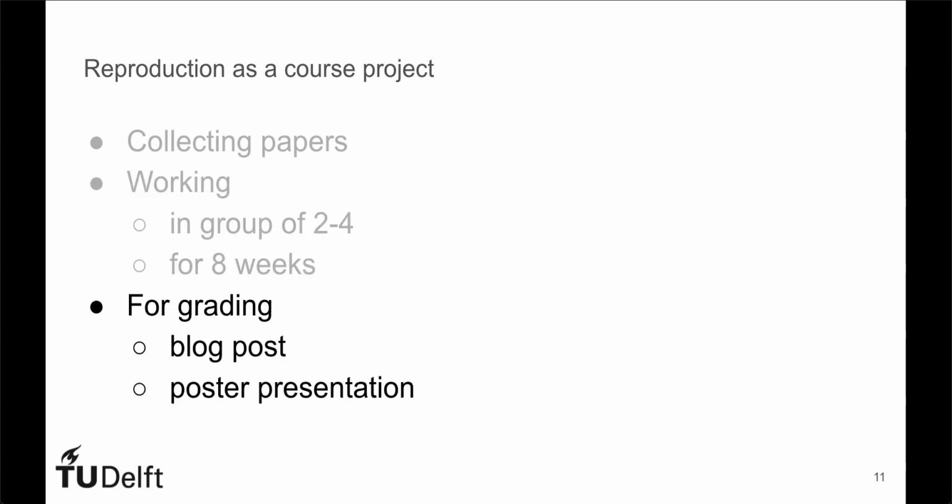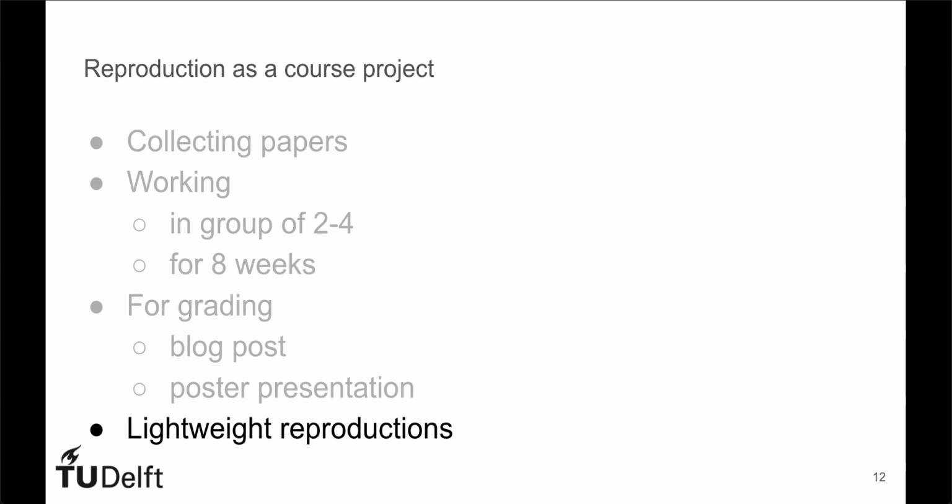At the end of the project, they needed to supply a blog post that describes their work and a poster presentation. Students are explicitly allowed lightweight reproductions, for example, evaluating existing code, checking only certain parts of the paper, proposing minor variations, doing hyperparameter sweeps, etc.